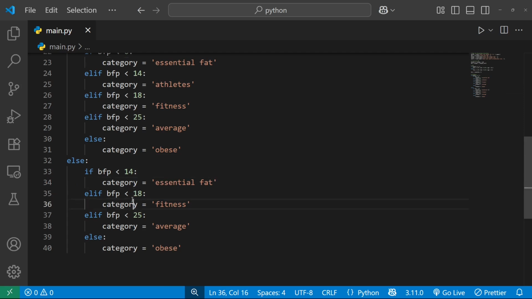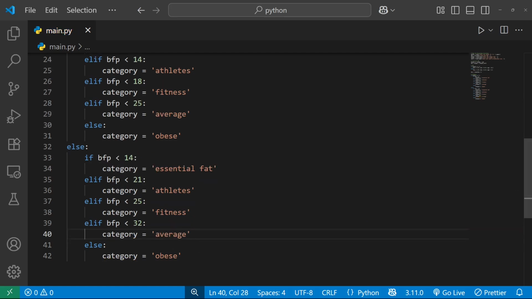If BFP is less than 21, athletes. Less than 25, fitness. If BFP is less than 32, the category is average, and else the category is obese.